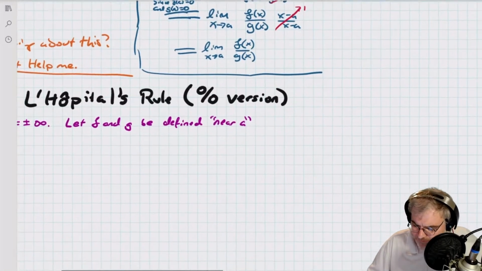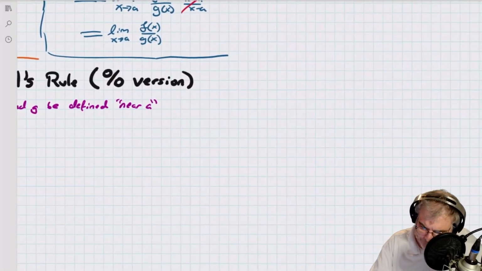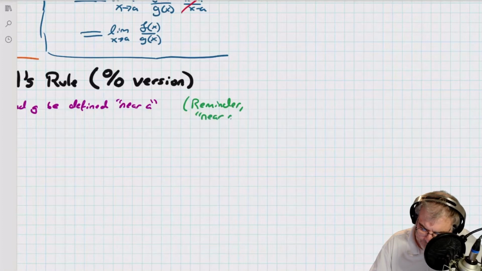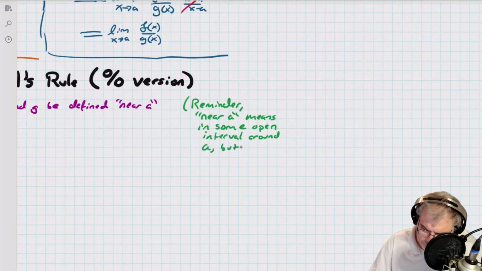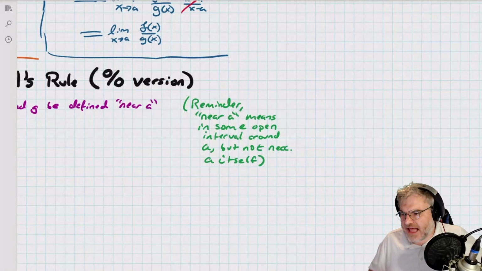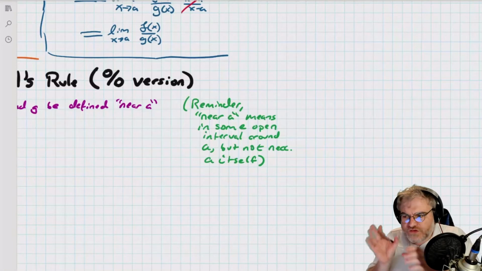So just a reminder, when I say near a, I mean that I've got right near a and I've got left near a, but neither of those include a itself.